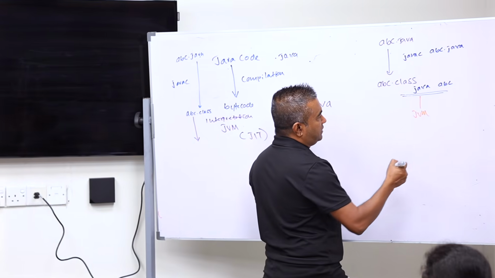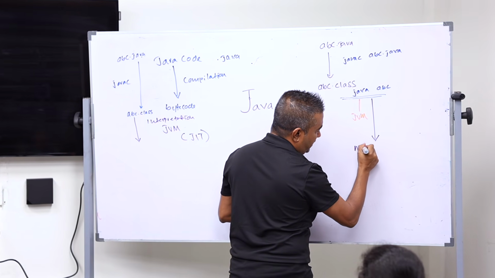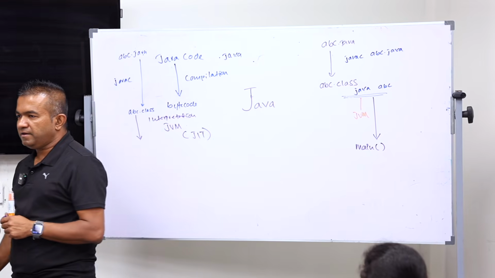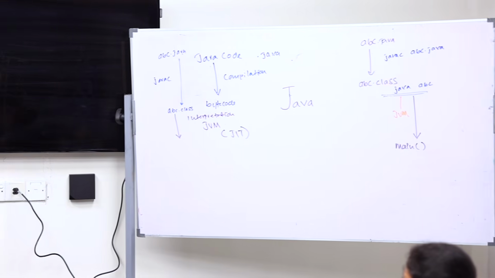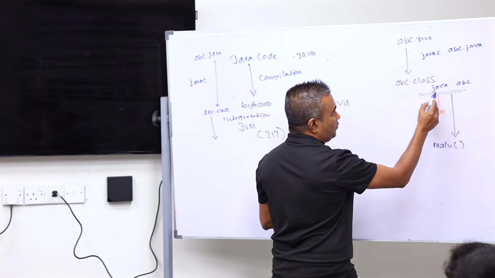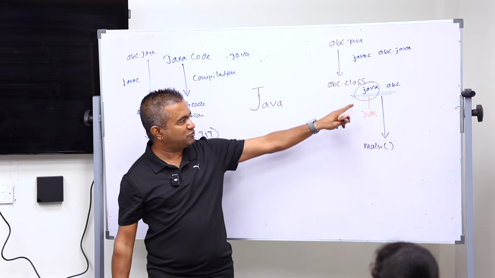When you do that, it looks for something called main. It requires a method called main. Now this is a program, no? Which language was used to write this program?